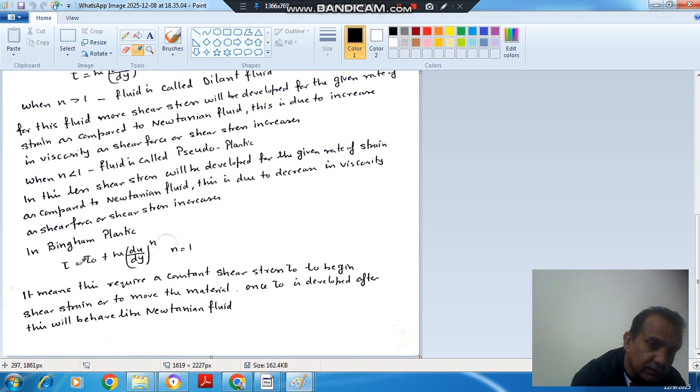So this is the constant shear stress which occurs in the Buckingham plastic, or which is required to generate the movement of the plastic. After that, the strain or strain rate can take place. So this is the minimum value of shear stress required to begin the shear strain. So this is called Buckingham plastic.